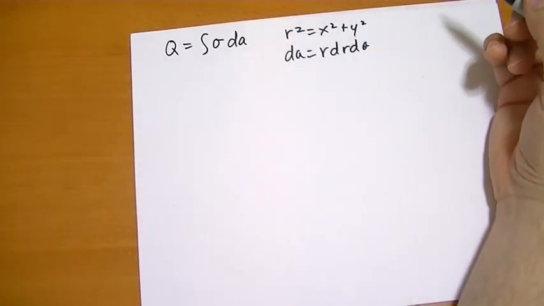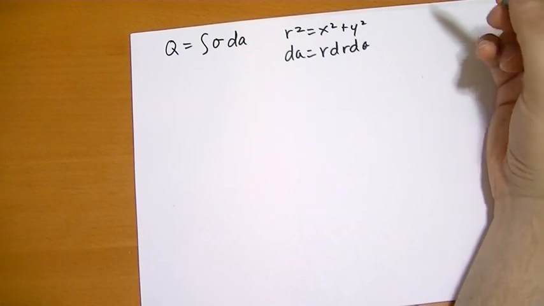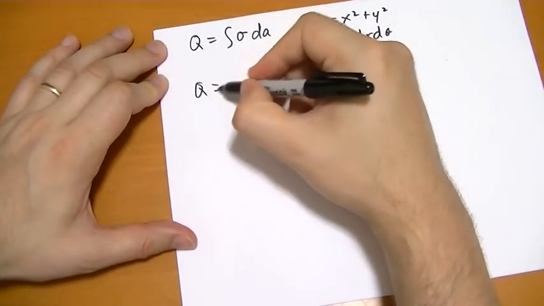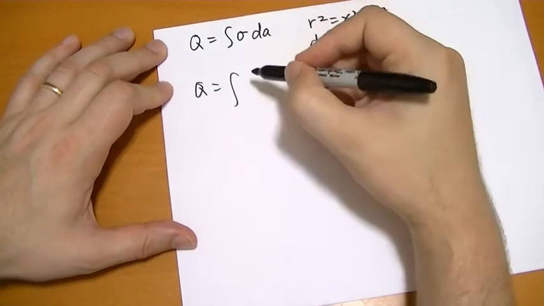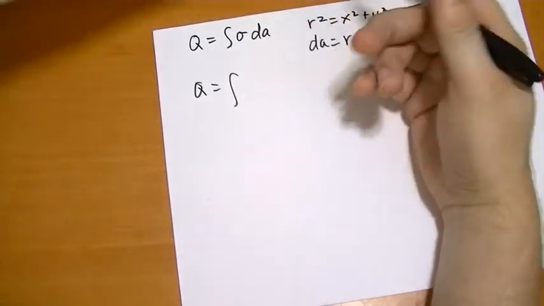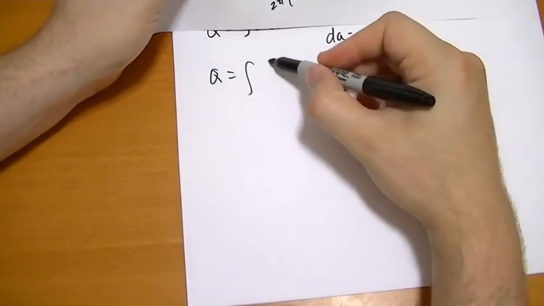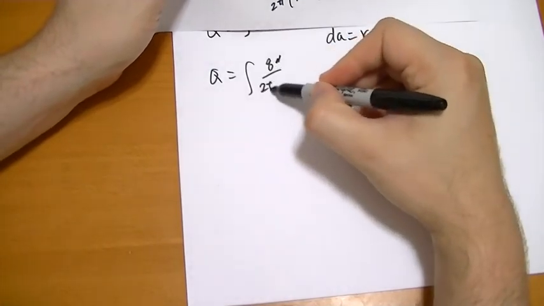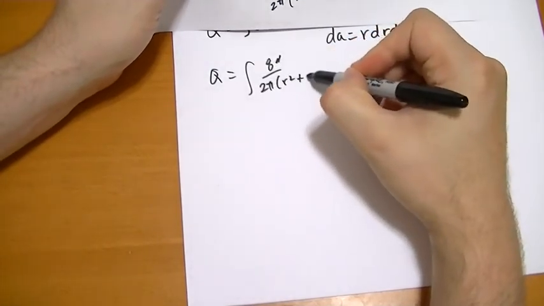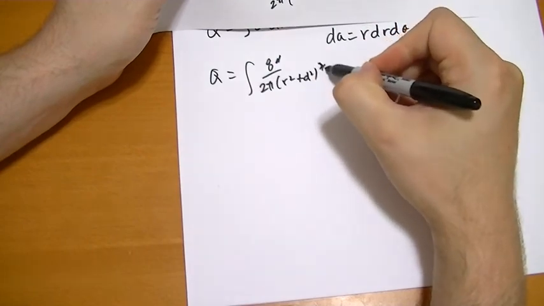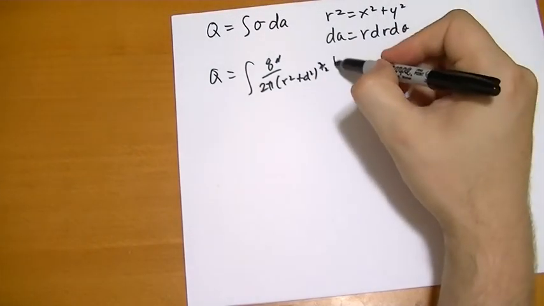Then Q equals the integral of sigma, substituting r squared for x squared plus y squared, so you have qd over 2 pi times r squared plus d squared to the 3 halves. And the dA is r dr d theta.